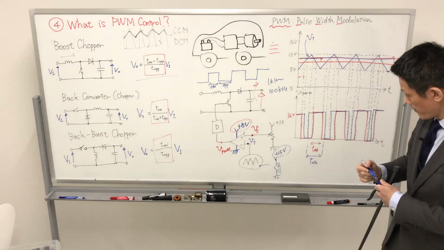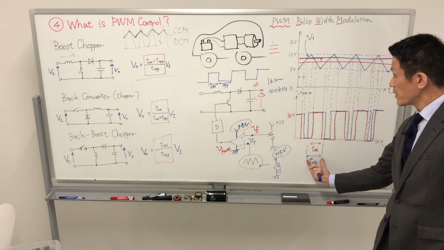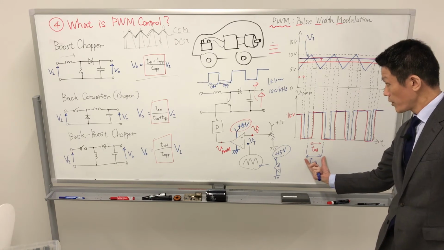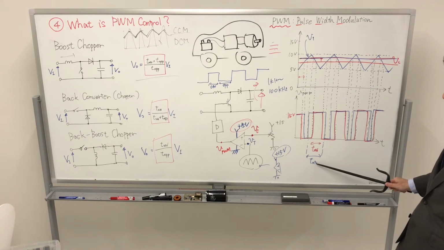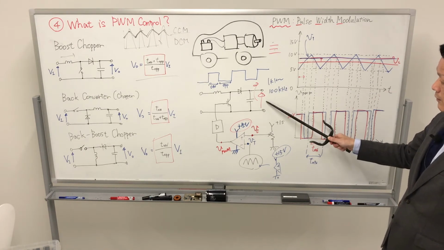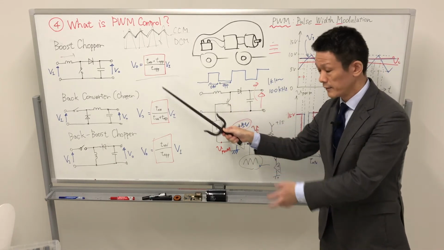Okay. If we can obtain an increased value of the turn on term, how about the V out? Please use this equation. We can already obtain one.